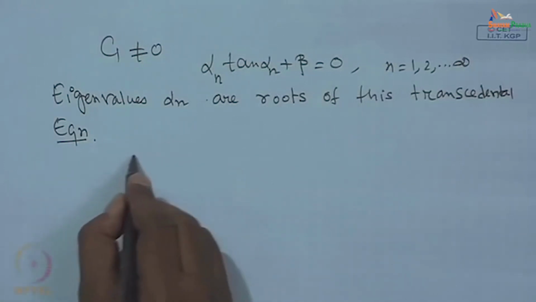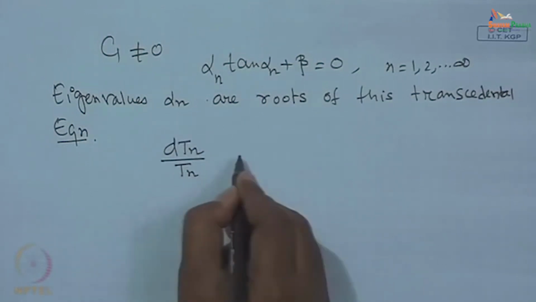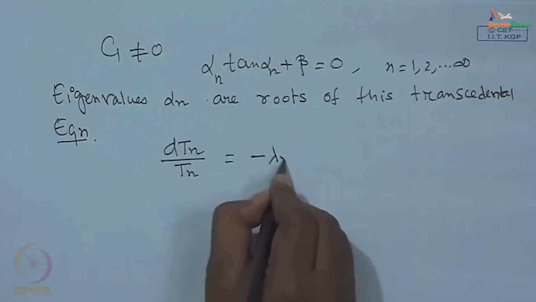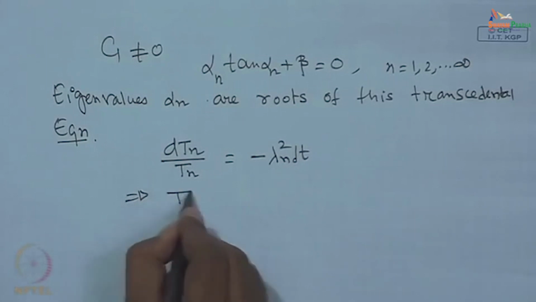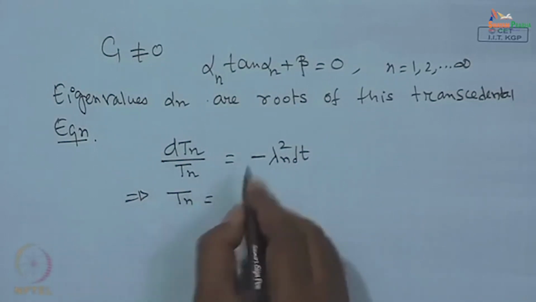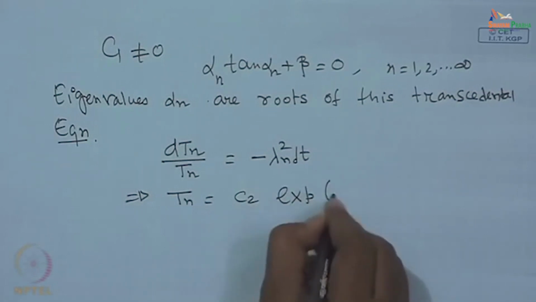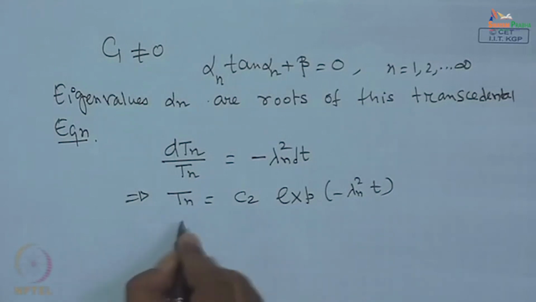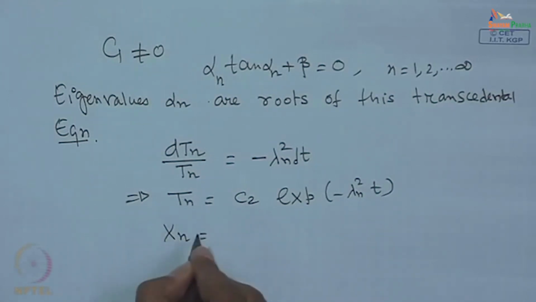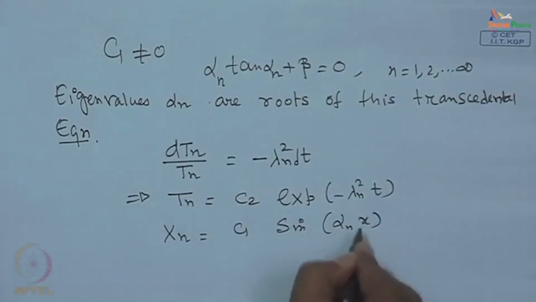So, we can get the time varying part as earlier we have seen that dTn/dt is minus lambda n square Tn. So, integrate it out. You will be getting Tn is equal to some constant times exponential minus lambda n square t. And the space varying part corresponding to the nth eigenvalue, Xn, is nothing but C1 sin alpha n times x.